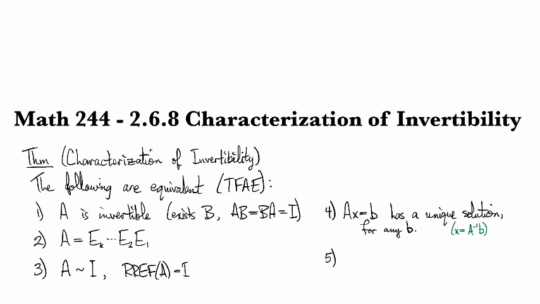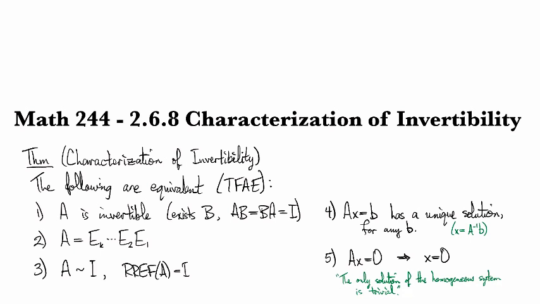And then the last one is that if AX is equal to 0, in other words, if X is a solution of the homogeneous equation, then it must be the case that X is the trivial solution. So this one's saying that the only solution of the homogeneous system is the trivial solution.